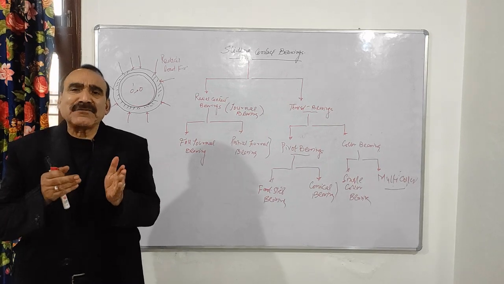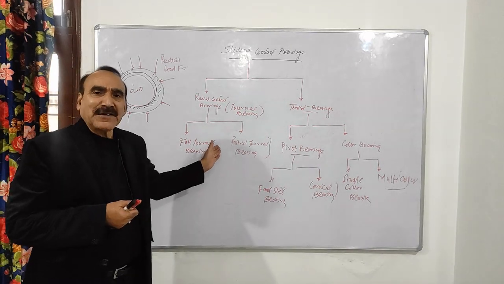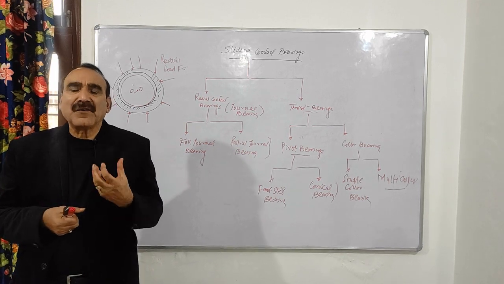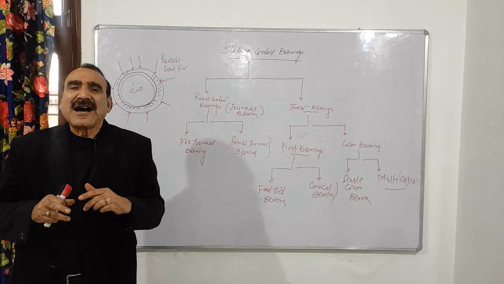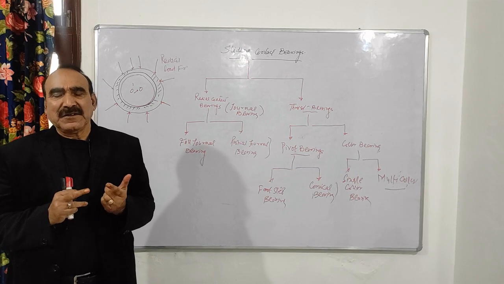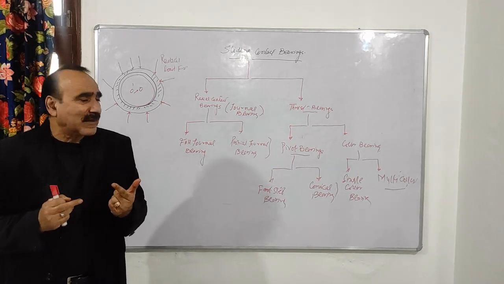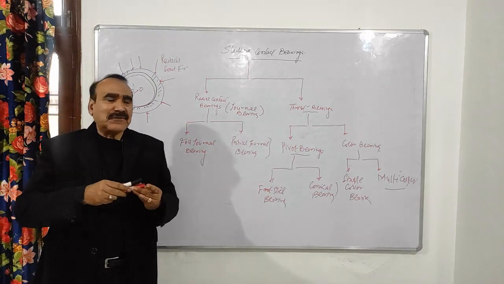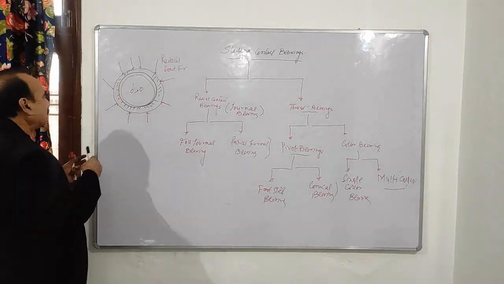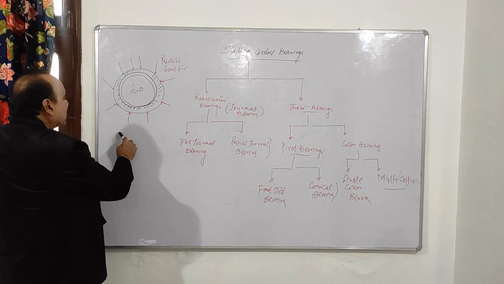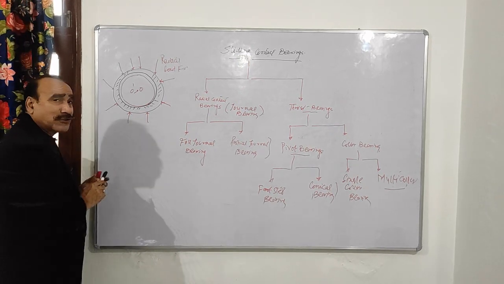So some part of the journal is protected, about 120 degree of the journal is protected by the bearing, and you can say this is a half part, this is a bearing and this is the half part which is protected.